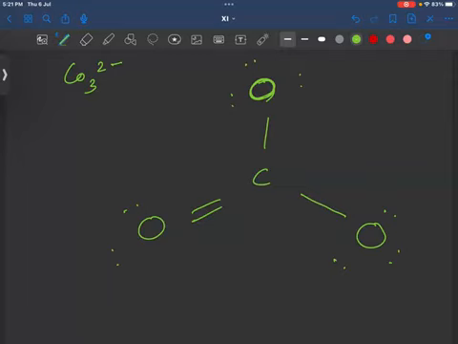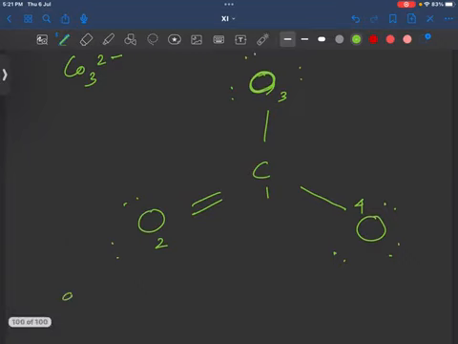Carbon goes for bonds, and the lone pairs are the ones that carbon does not use. The two lines next to it are the bond created.